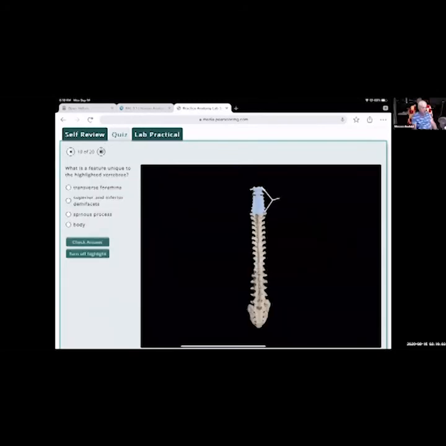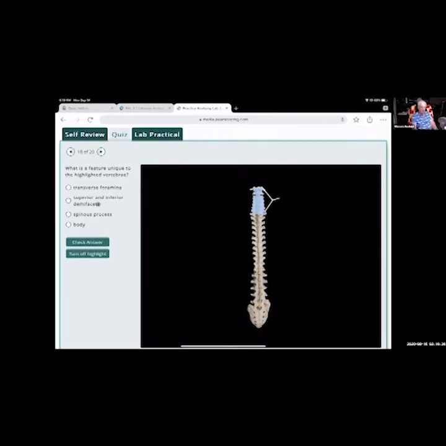All right, what is a feature unique to the highlighted vertebrae? I don't think we really covered that. But again, you can figure this one out by looking at the answers. This is how you take your exams for nursing also.